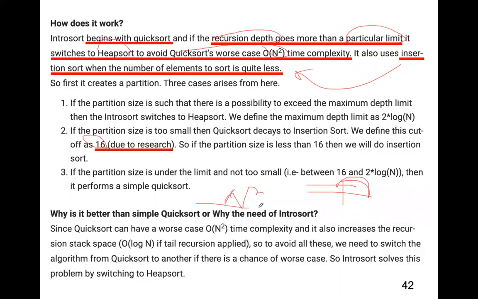Insertion sort's complexity is worse, but when the input is small, sometimes it's even faster. It's very fast, maybe due to cache locality and this kind of thing. So if less than 16, they will switch to insertion sort, which is n squared, but n squared is still small. 16 squared is what? 256. Very small.